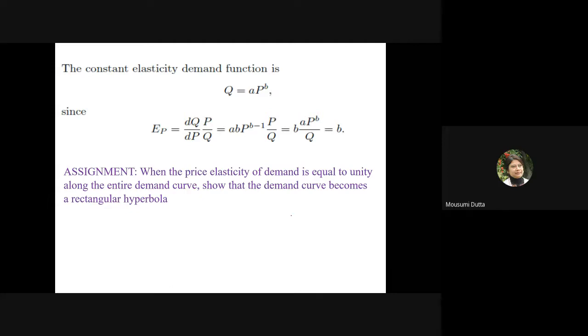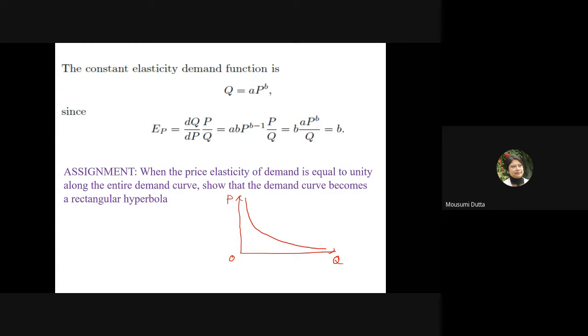So all points adding together, this is a rectangular hyperbola. It is convex with respect to the origin, a negatively sloped or downward sloping curve, and the line becomes very close to both the axes. However, the line does not intersect the axis.